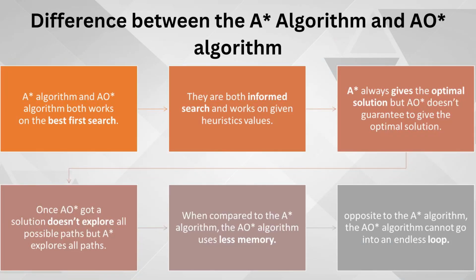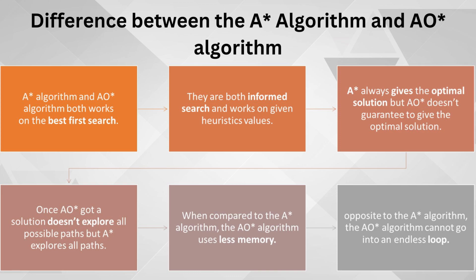So, now we have some differences between the A star algorithm and the AO star algorithm. A star and AO star both work on best first search. They are both informed searches and work on given heuristic values. A star always gives the optimal solution, but AO star doesn't guarantee the optimal solution.